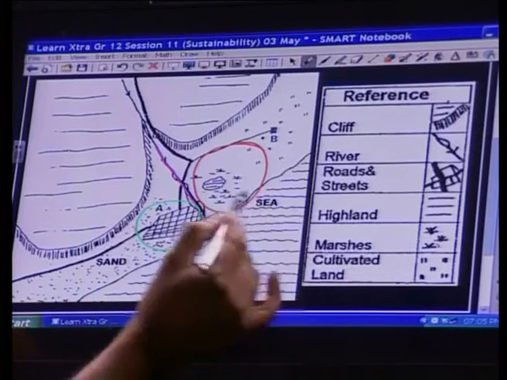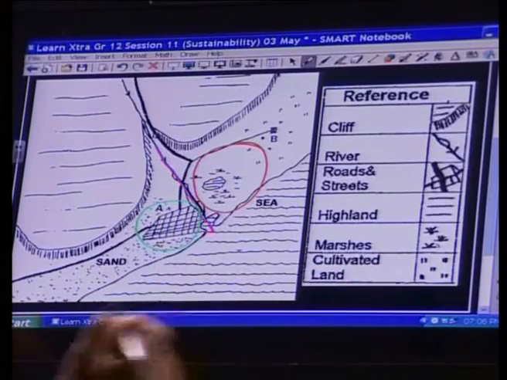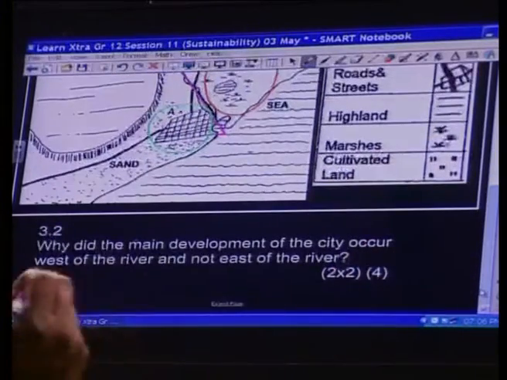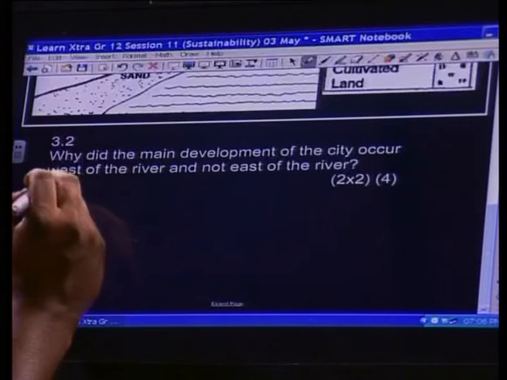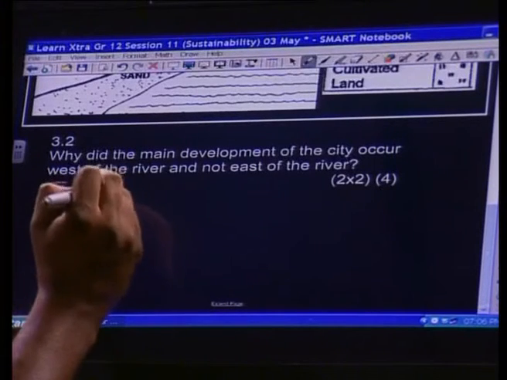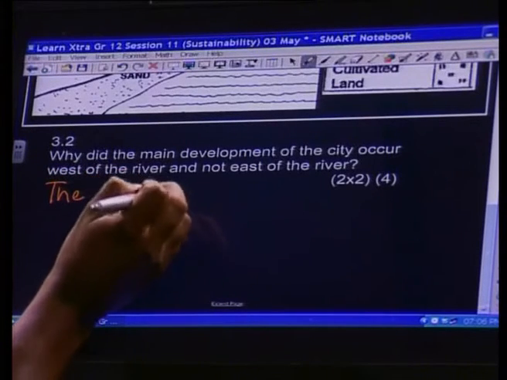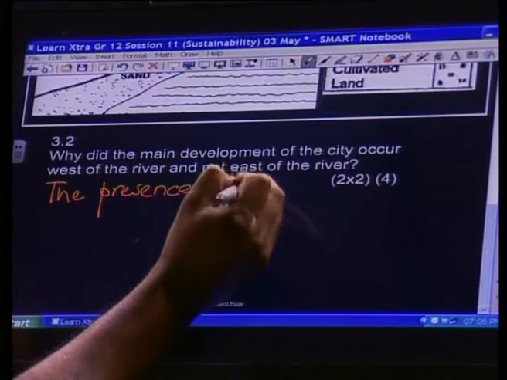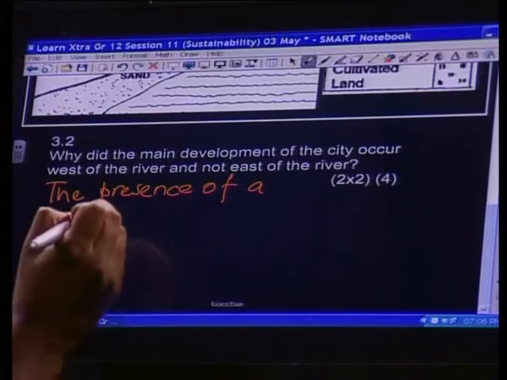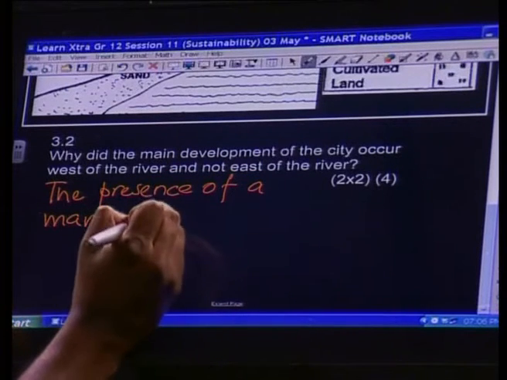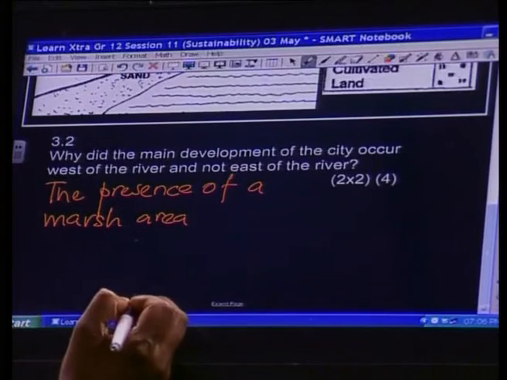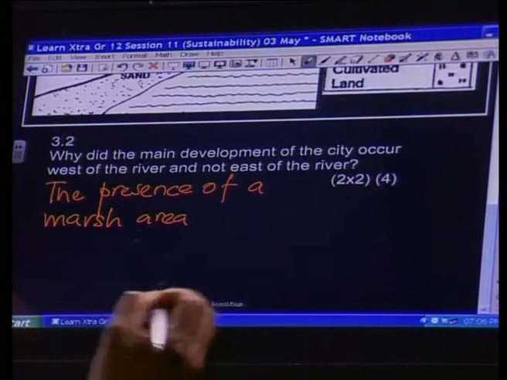When we look at our key, it is having a marshed area. A simple answer is the presence of a marsh area. And remember, marsh areas do not promote development.